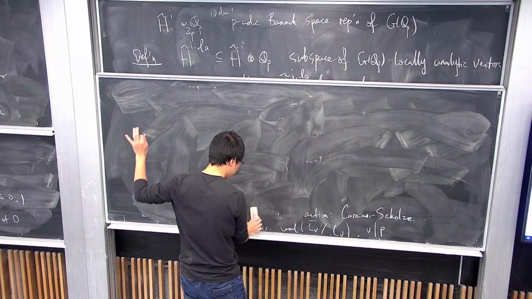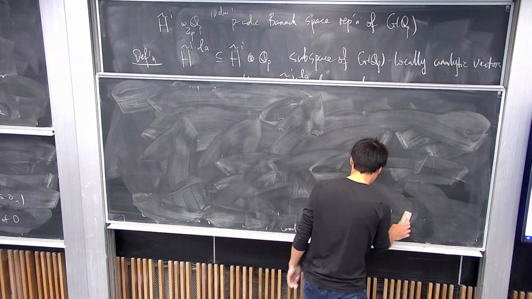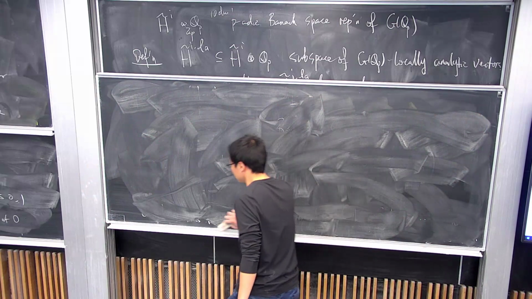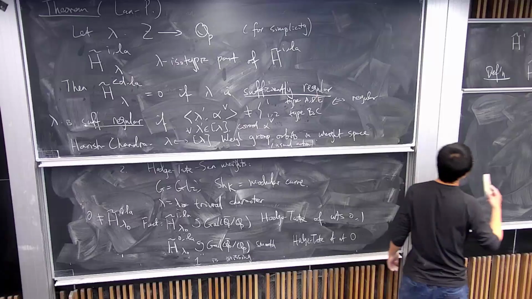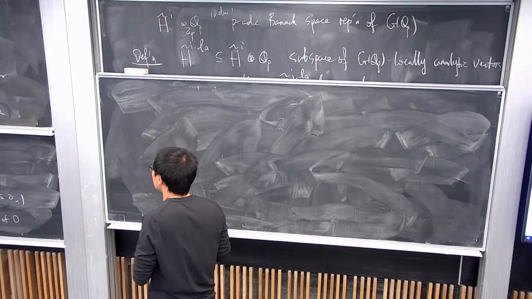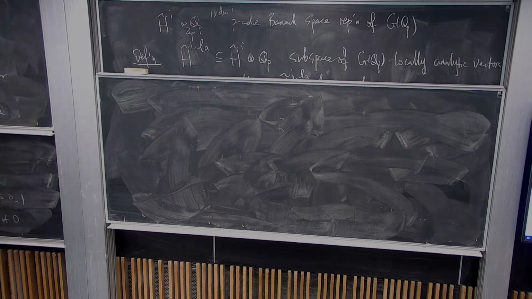I mean, once you have some vanishing results here, you can also prove a lot of vanishing results from it. So, for example, even if you only care about cohomology of the Shimura variety, just use your local system, not this kind of very huge completed cohomology.